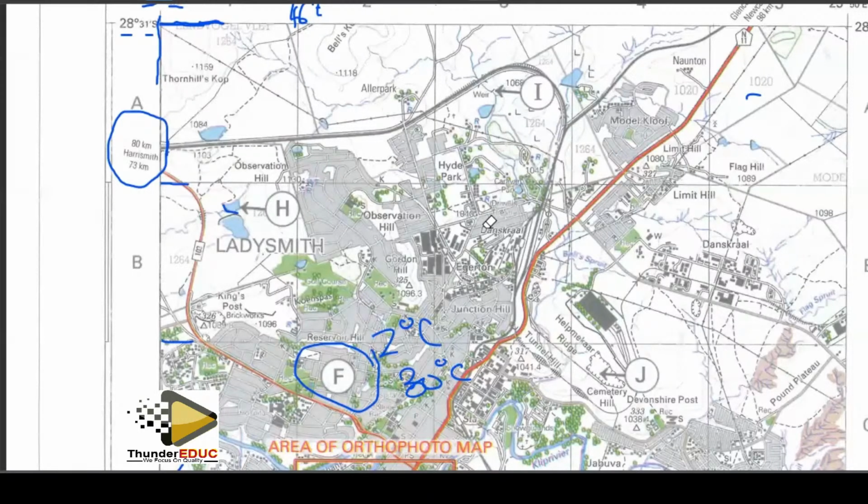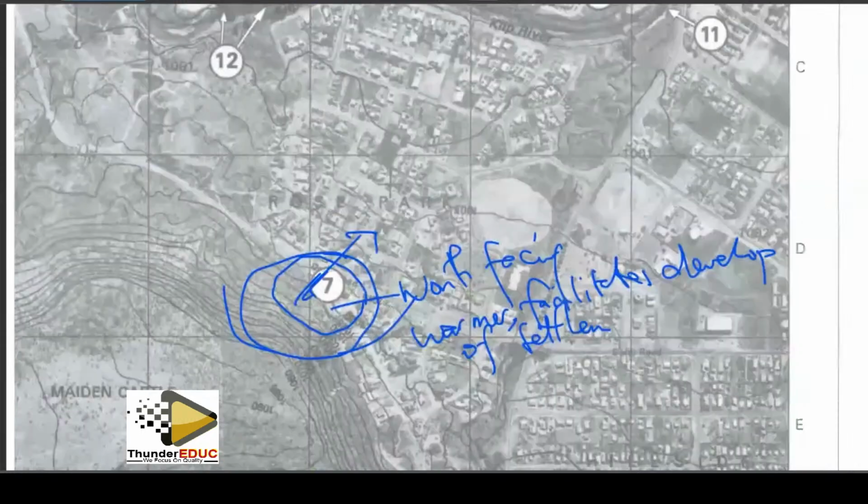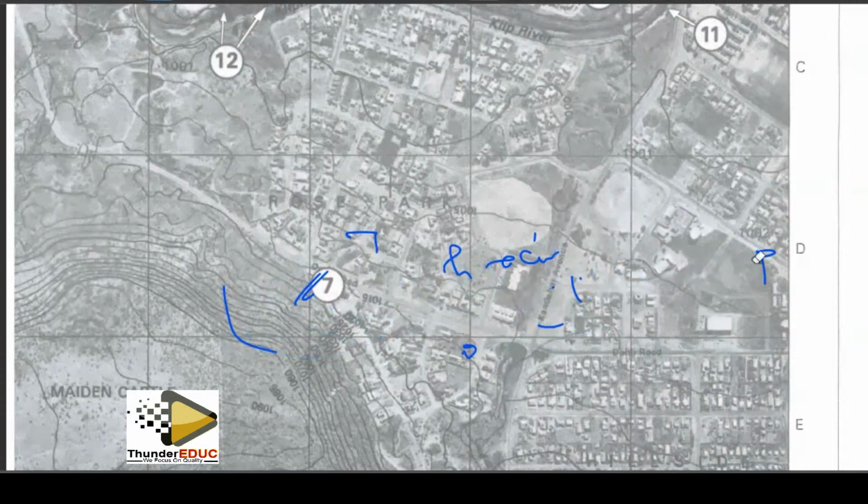Then identify the fluvial landform feature. Refer to the section of Clip River on the orthophoto. We are looking at the orthophoto here. Clip River, we are looking at which section? We are looking at the section of Clip River on the orthophoto map.